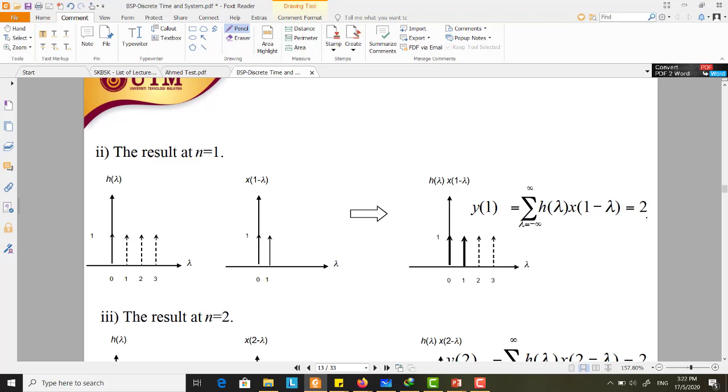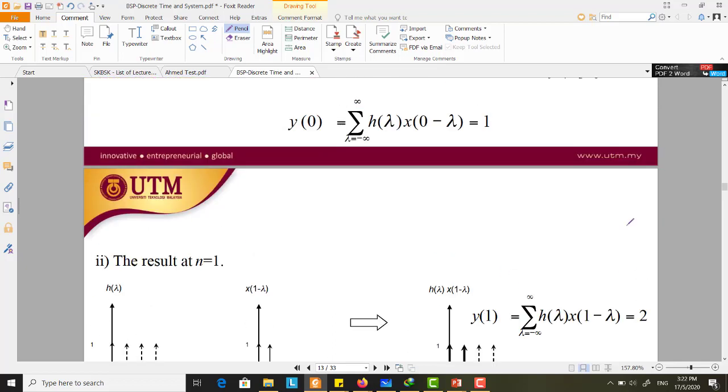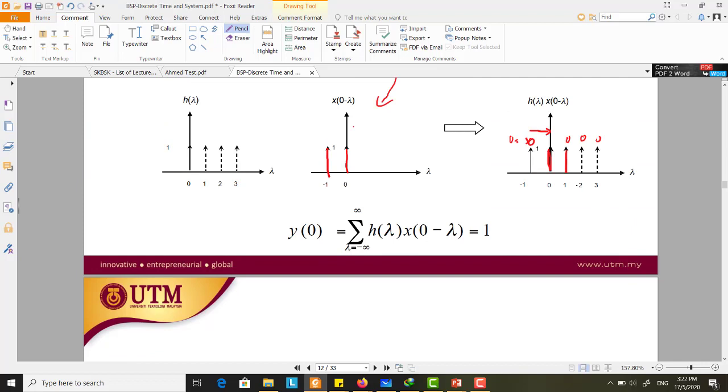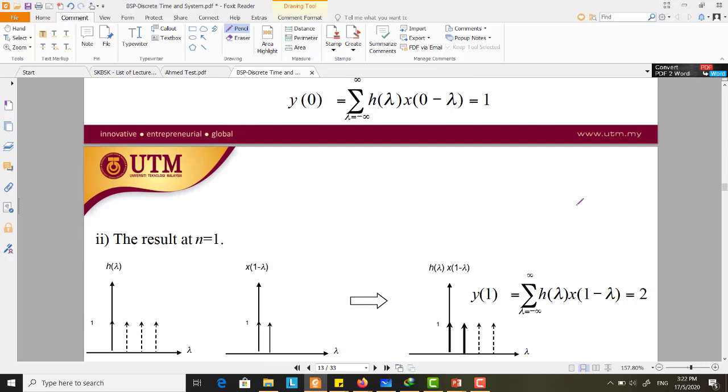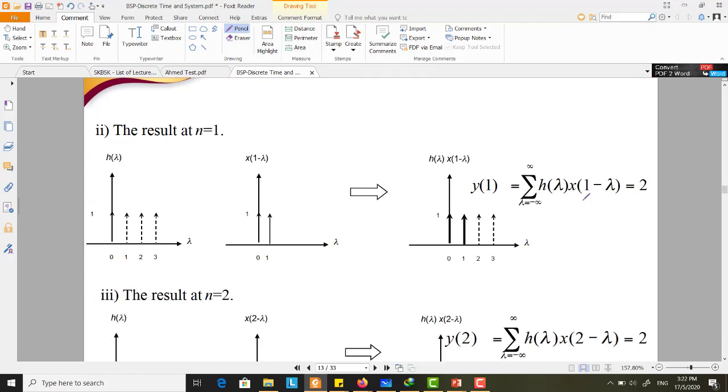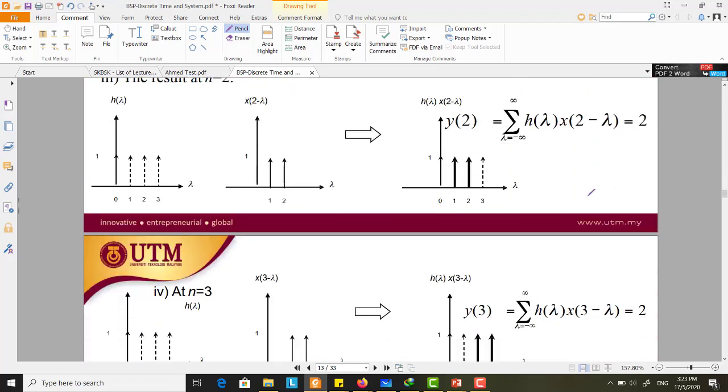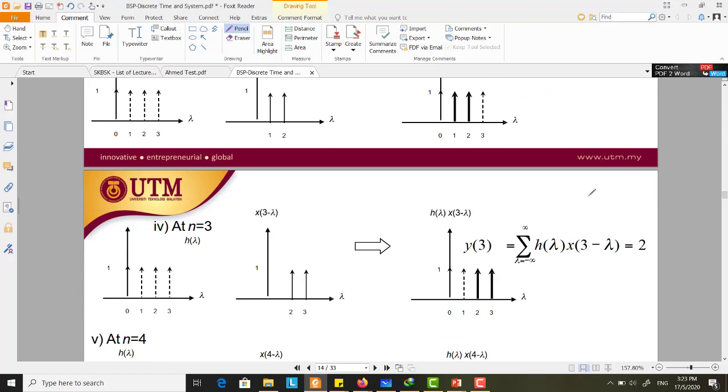Then you will repeat the same process, meaning that you must shift towards the positive side as well as towards the negative side to find your y0, y1, y2 and y3. Just process everything that makes the output yn have some number.